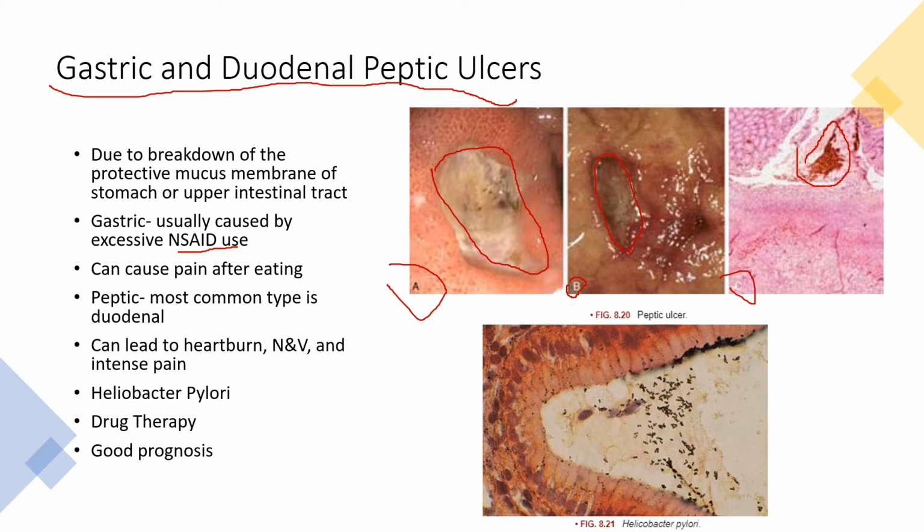And although the cause of these ulcers is relatively unknown, other than if the patient's taken those NSAIDs and it's causing excessive irritation, another hypothesis could be that it is caused by the bacterial pathogen Helicobacter pylori, or H. pylori. H. pylori is actually thought to be the most common worldwide human bacterial infection. And when it's present, it can produce inflammation in the mucous membrane of the gastrointestinal tract.